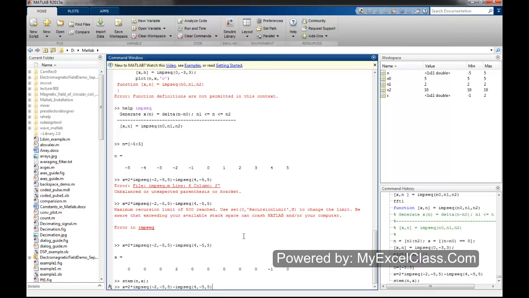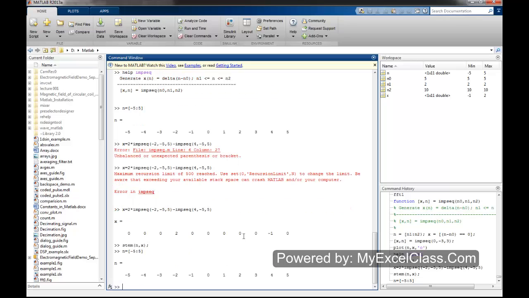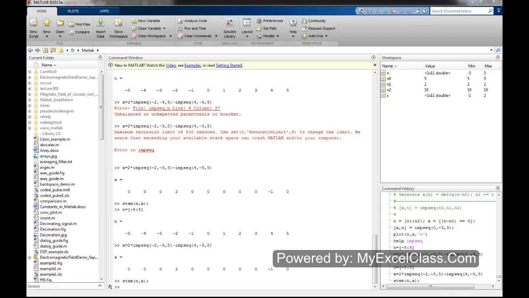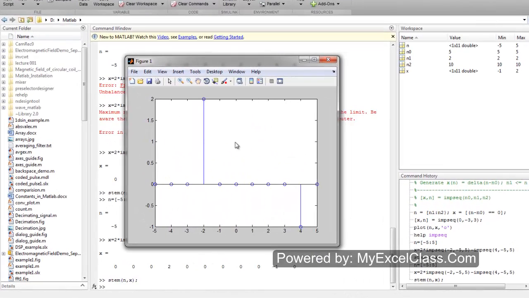First of all, I created a sequence n, then the formula that will create impulse functions on the n sequence, and then I'll plot a stem function of this plot. So here you see it has created 2 impulses at minus 2 and 4. So this is another way of plotting impulse sequences in Matlab.